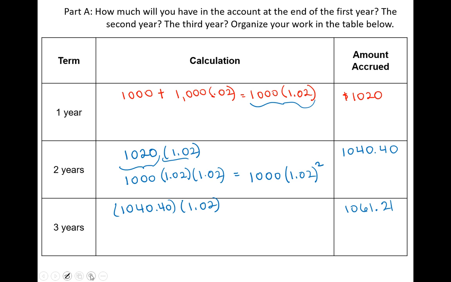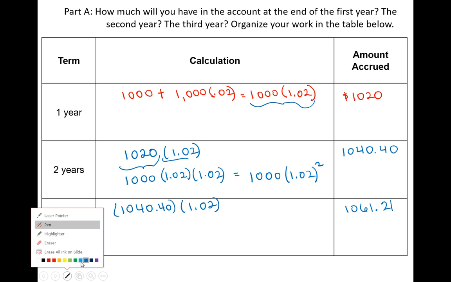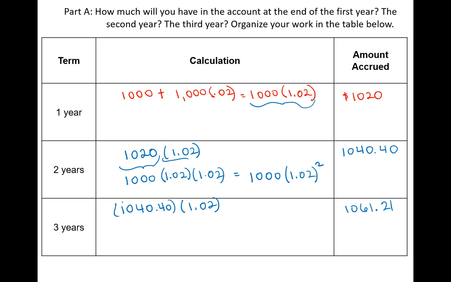Now, if I take this 1,040, remember that is the same as this. So I would have 1,000 times 1.02 squared times 1.02 again. That's going to be 1,000 times 1.02 cubed.